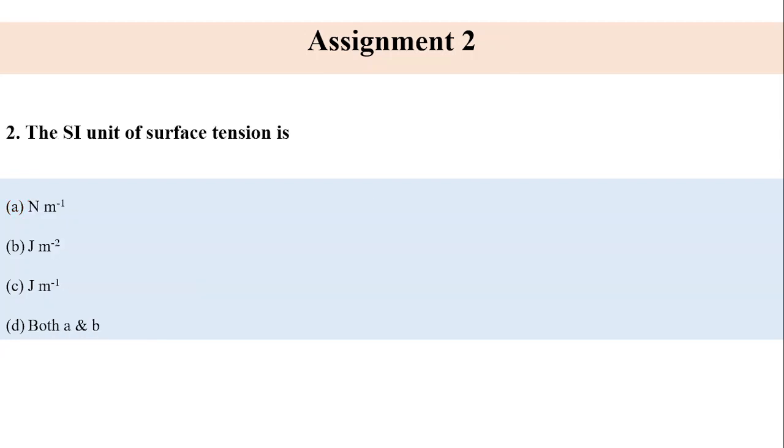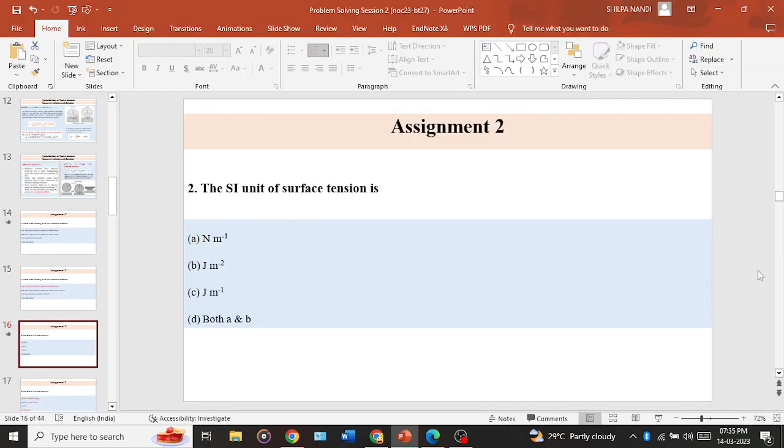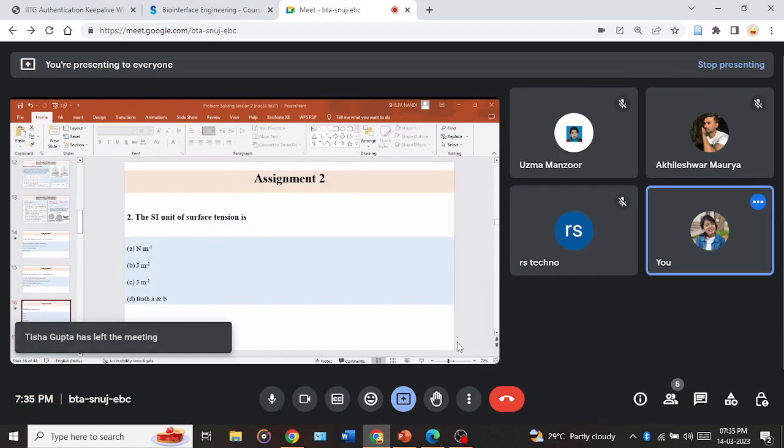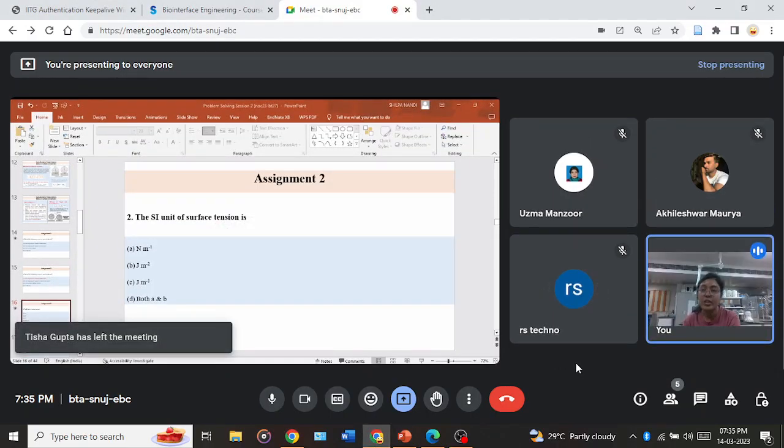The next question here is: the SI unit of surface tension is, your options: A, N, that is Newton per meter; B, Joule per meter square; C, Joule per meter; and last, both A and B. So, would anyone like to try to give this answer?